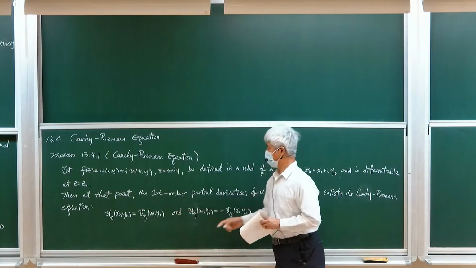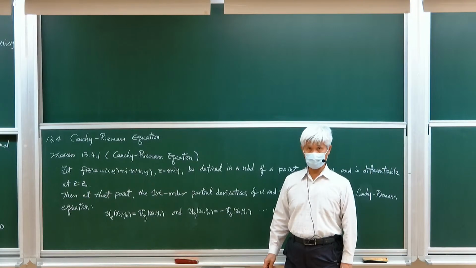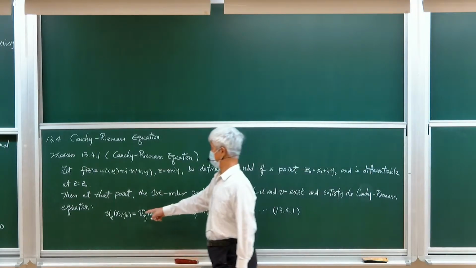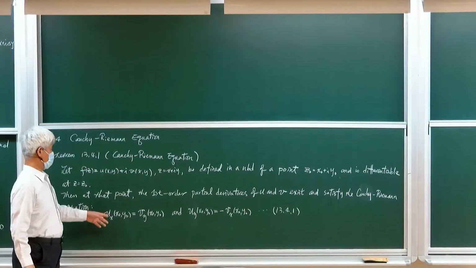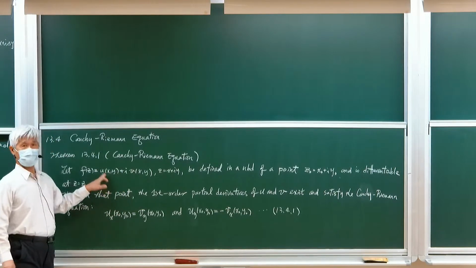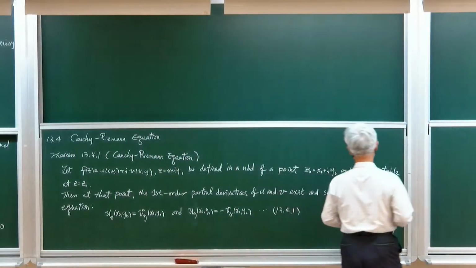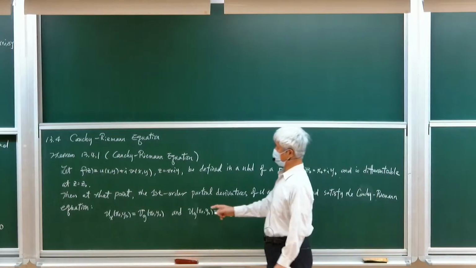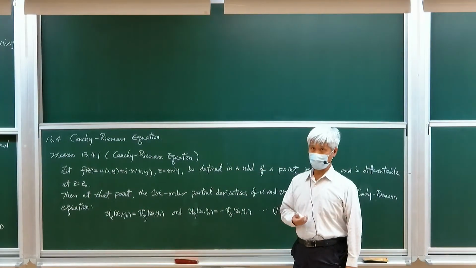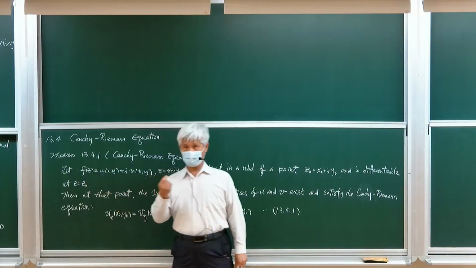So you can see these two are first order partial differential equations involving two functions u and v, which are just the real part and the imaginary part of the complex function. The Cauchy-Riemann equation is a consequence of the differentiability of a complex function at a particular point.